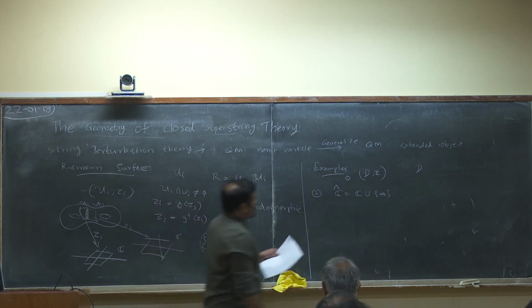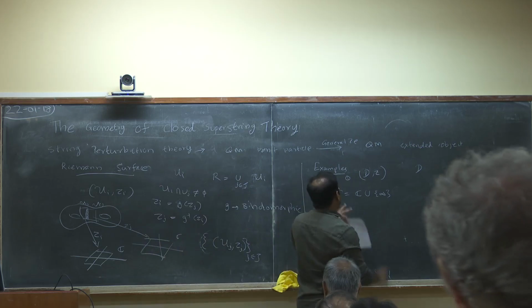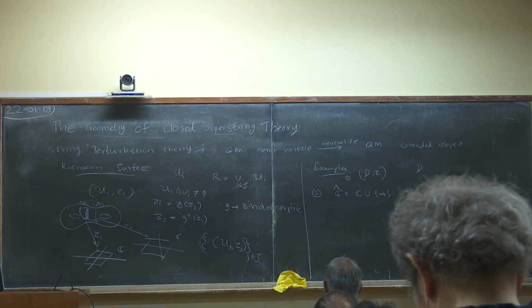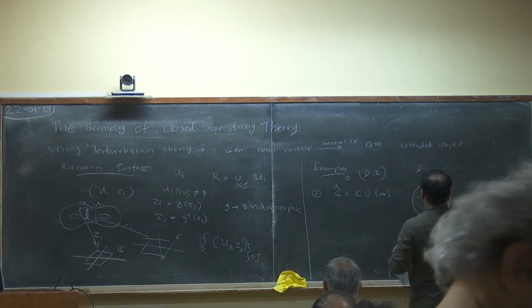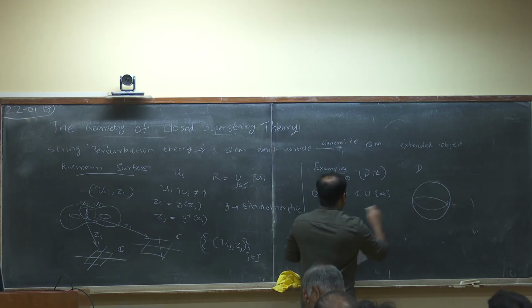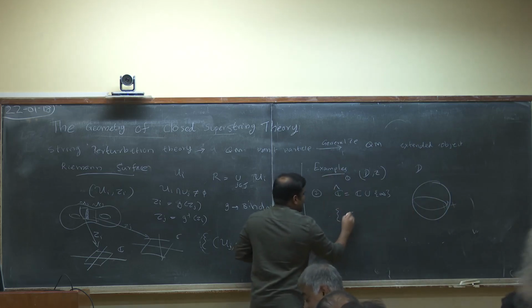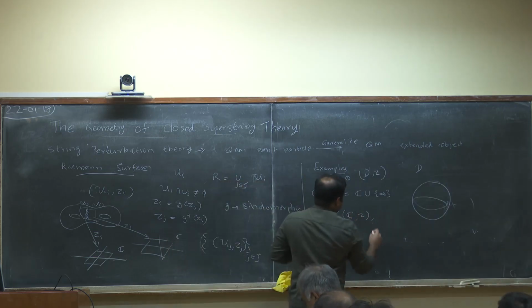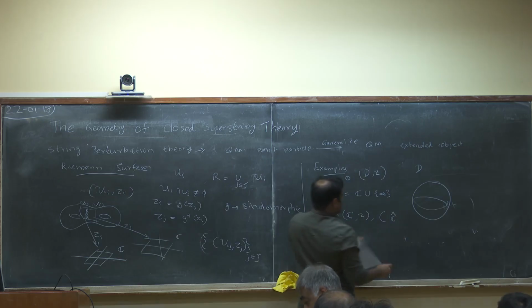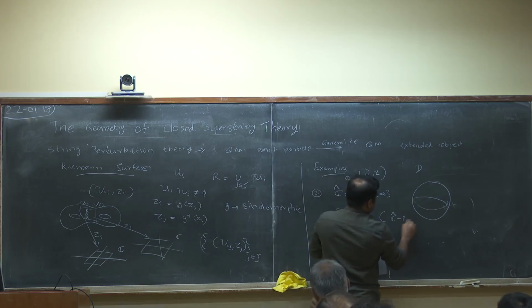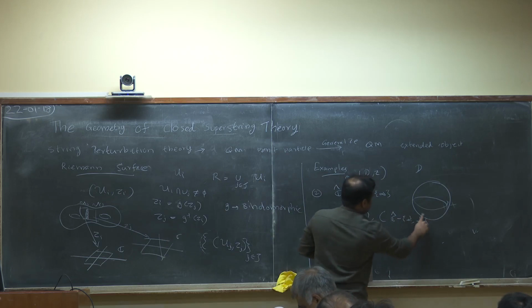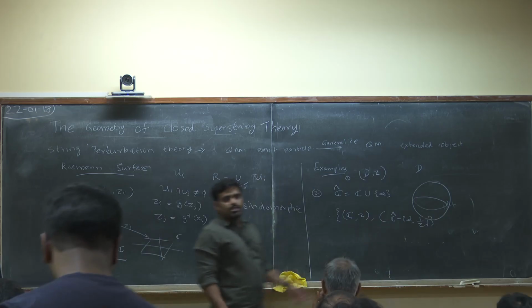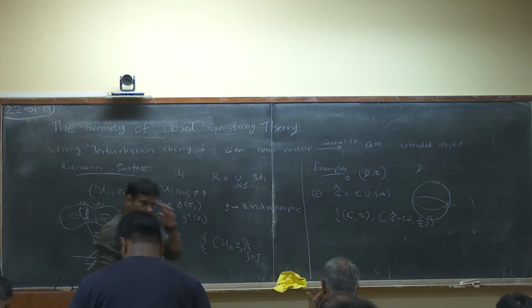You need two patches to define a complex structure. You have the south pole and north pole here. You could choose two patches: one is the complex plane itself with complex coordinate Z, and the other is the Riemann sphere minus 0 with 1/Z as the local coordinate. So you have a complex structure with two domains in it. This is an example of a non-trivial Riemann surface.